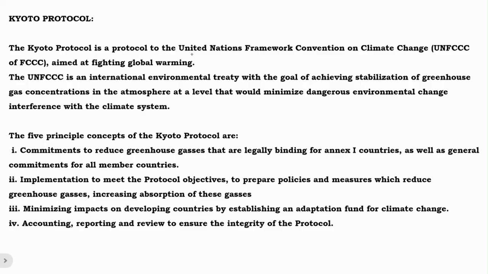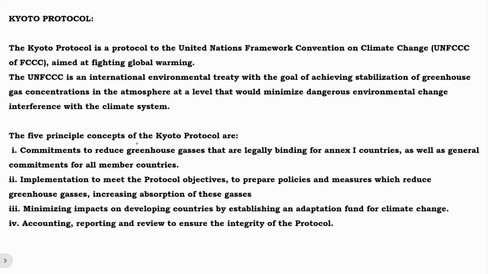The Kyoto Protocol is a protocol under the United Nations Framework Convention on Climate Change. It is an international environmental treaty which aims to reduce greenhouse gas concentrations in the atmosphere and prevent dangerous interference with the climate system.